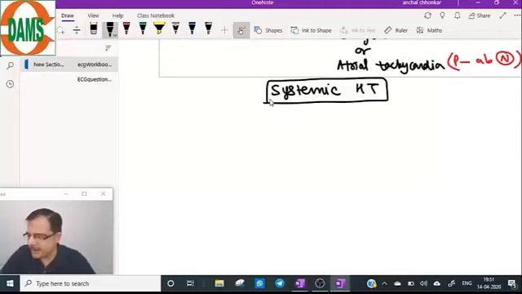Electrolyte imbalance will be done later on, once we finish with the cardiovascular causes, in the electrolyte imbalance section. So starting with systemic hypertension, first are the definitions.